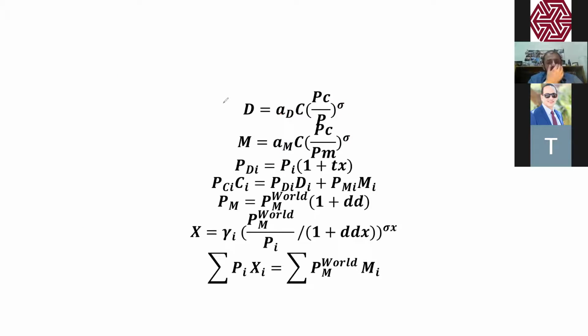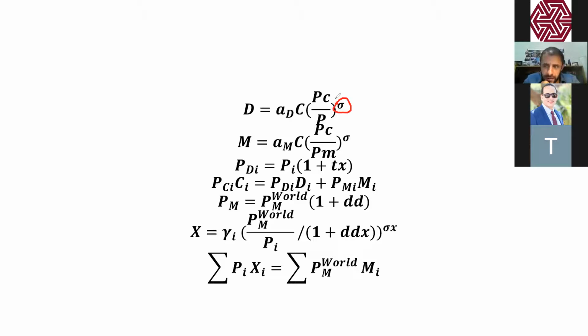So the elasticity of substitution shows how the rate of change of demand will change with respect to the rate of change of prices. Here I'm talking about the relative demand of domestic goods versus imports, and for the prices, the relative price of the domestic goods versus imports. Okay, so that's the elasticity of substitution.